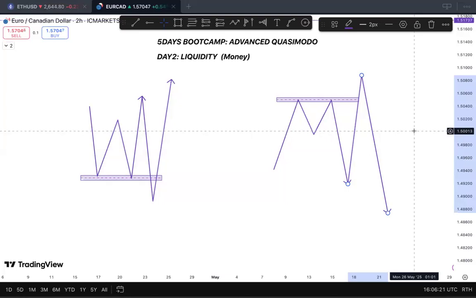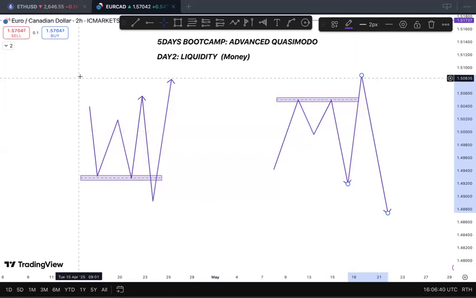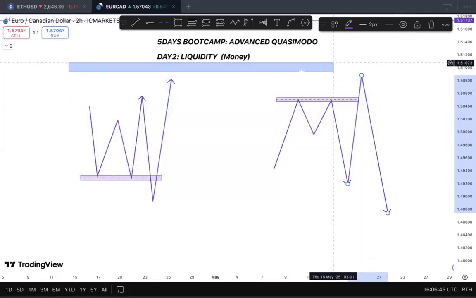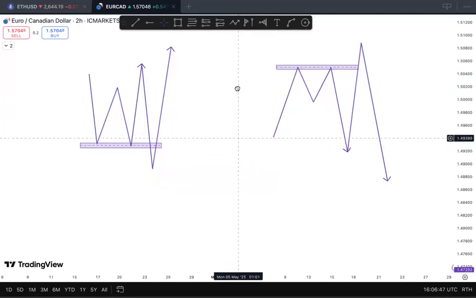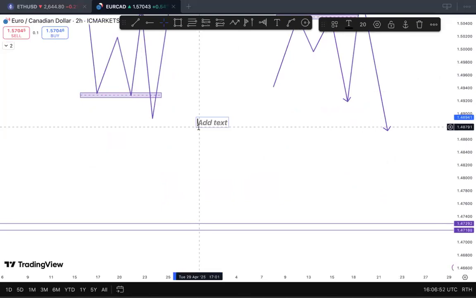So what happens? The market makers use their orders as fuel to take price in another direction. This is the traditional way of knowing liquidity. I believe that we know the double tops and double bottoms. As regards our strategy, we're going to be talking about different types of liquidity. So let's look at types of liquidity.